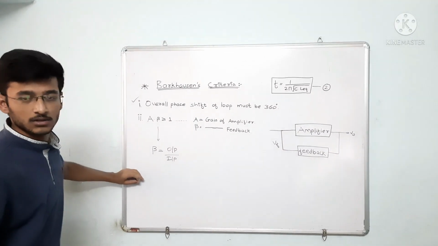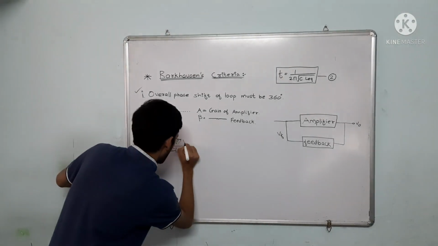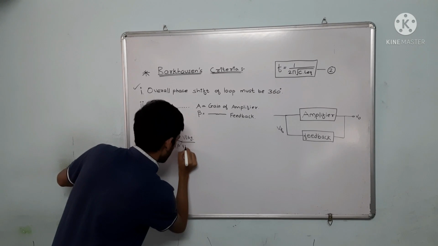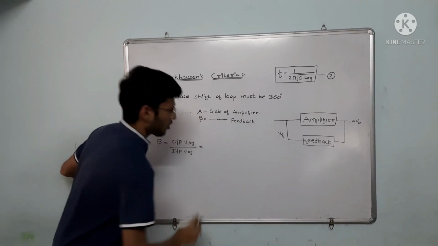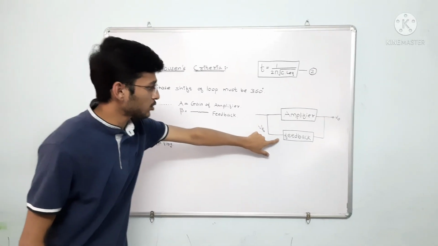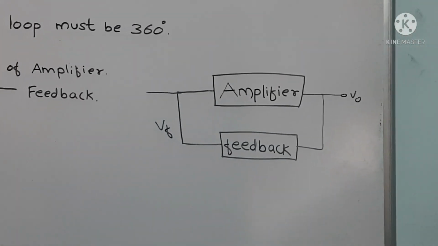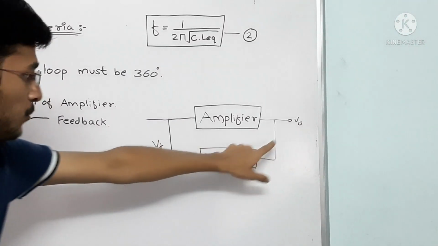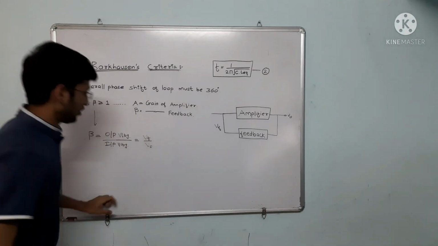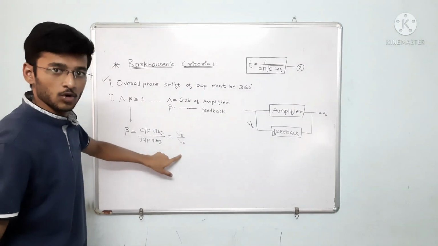And as we are using the voltage gain, we would write it as output voltage to input voltage. Okay, so from the figure here, as Vf is acting as output voltage for the feedback circuit and Vo acts as an input voltage for the feedback circuit, my equation becomes beta is equal to Vf upon Vo.